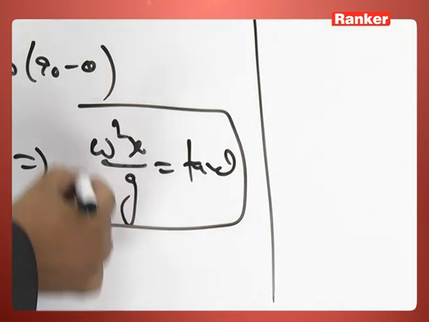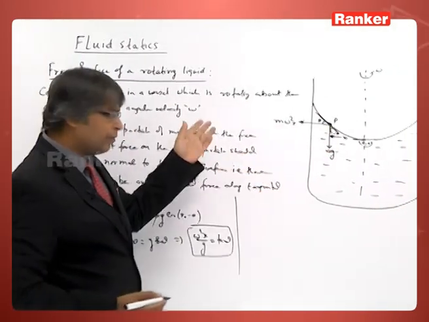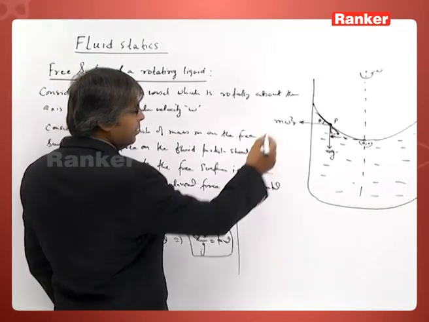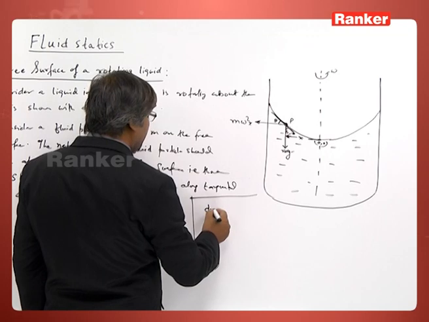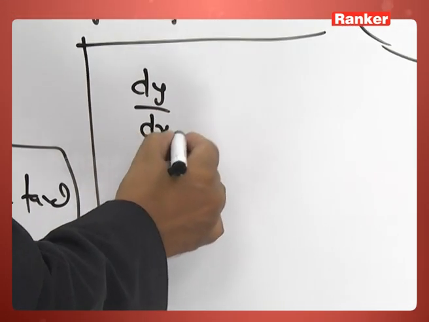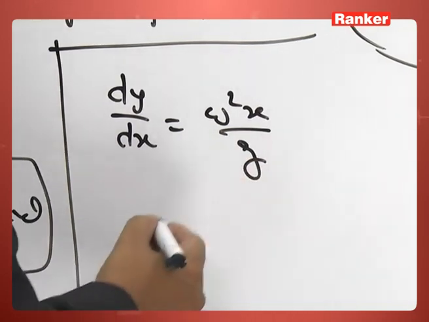This is a very important result. Tan theta is the slope of the tangent to this curve. So, this tan theta is written as dy by dx, that is omega square x by g.